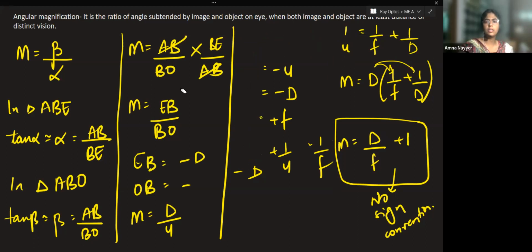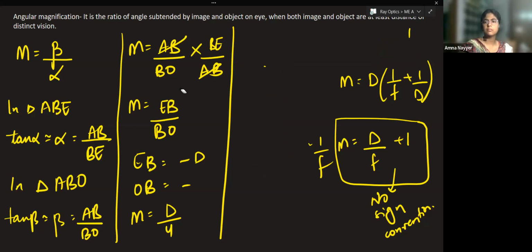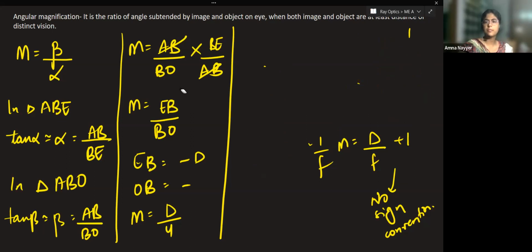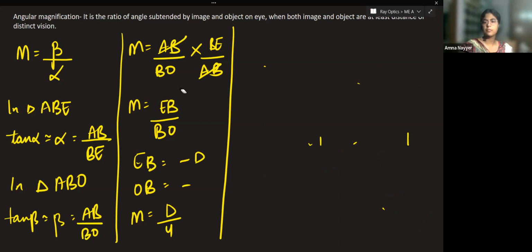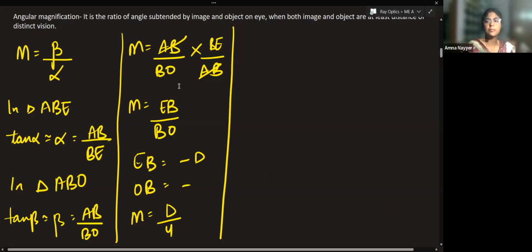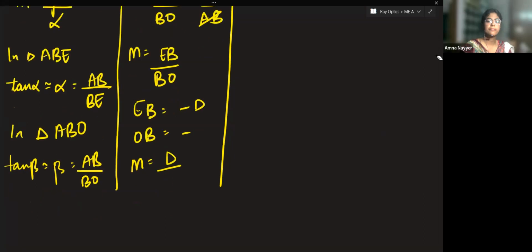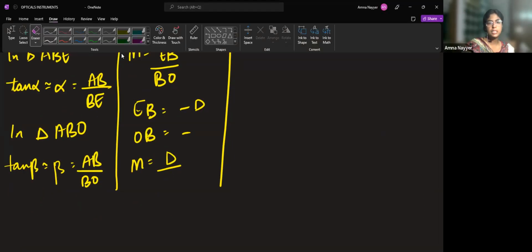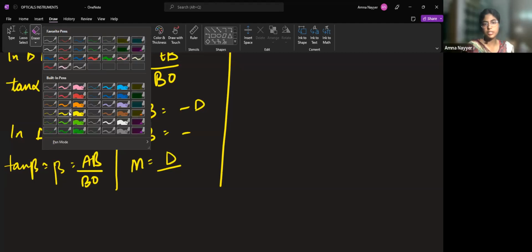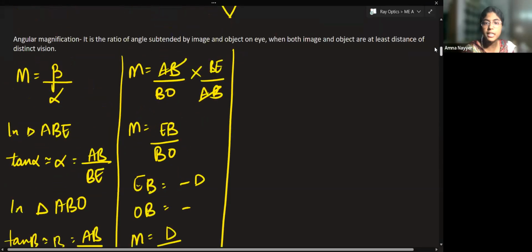No need to write all this. See class, the difference that will come in angular magnification will be the object distance.